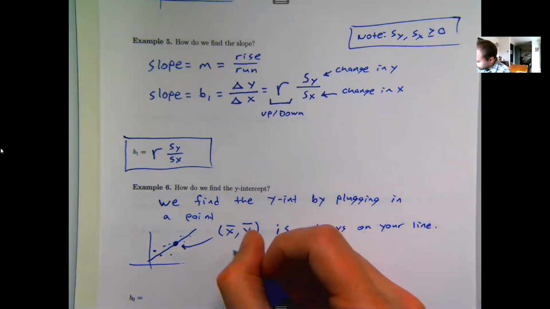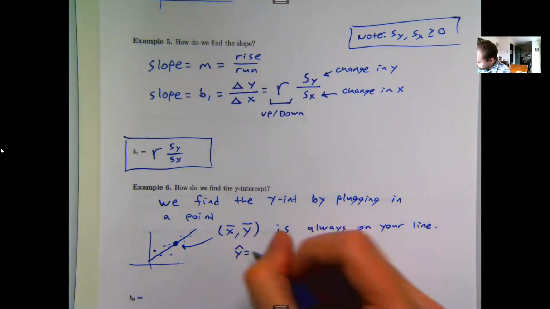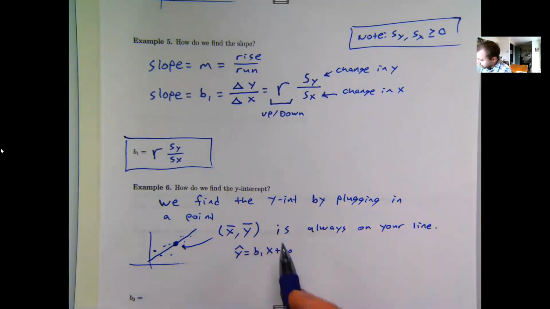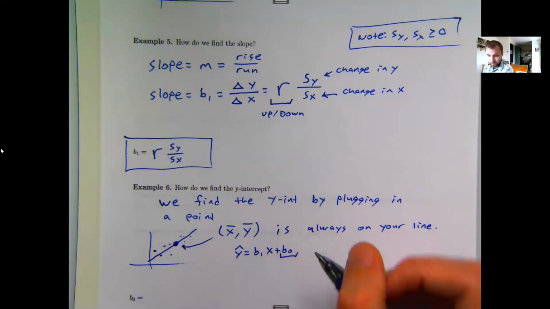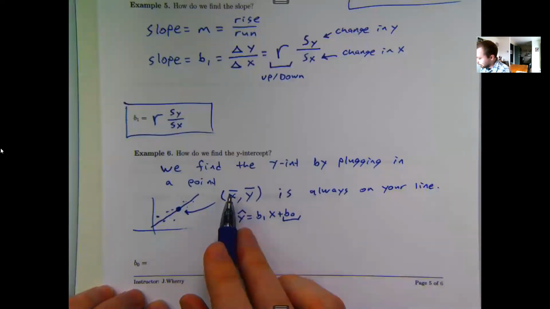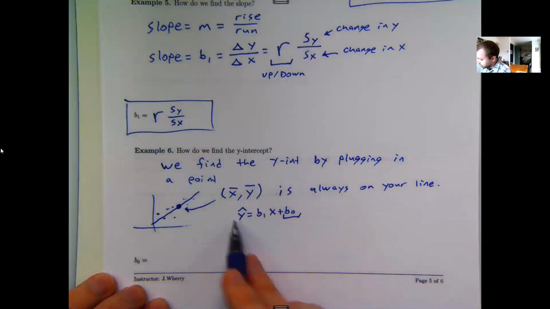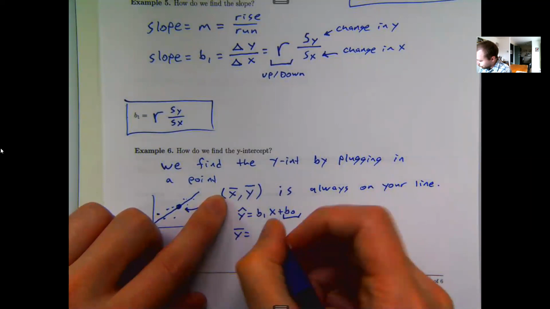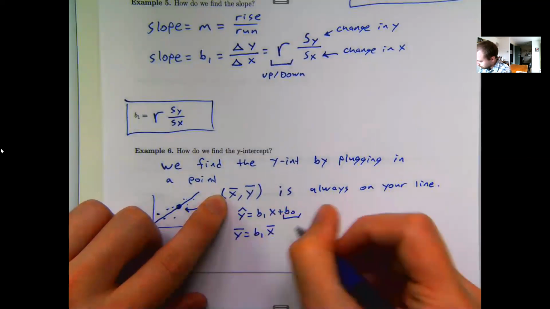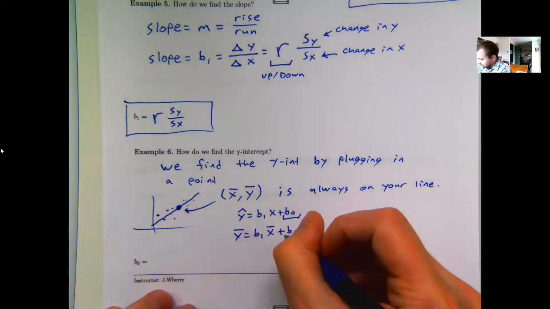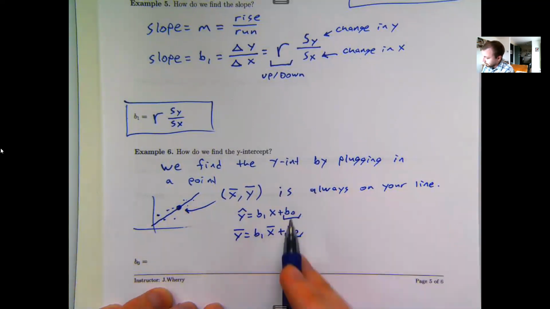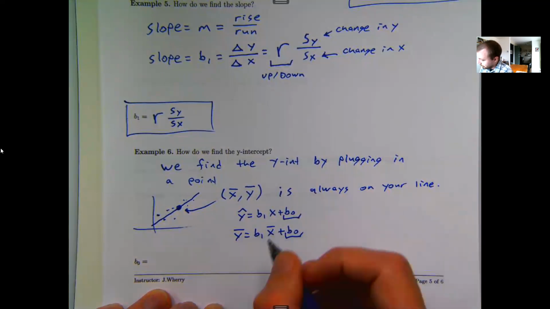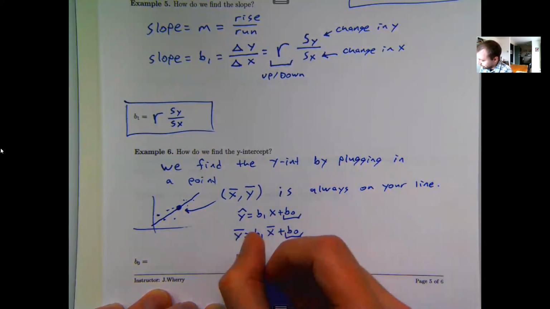So my equation for my line looks like y hat equals b1 x plus b0. And I'm trying to solve for my y-intercept. And I'm going to plug in my y of this point and my x for this point. And I'm going to get the y-intercept by itself by undoing the addition. I undo the addition by subtracting this amount over.